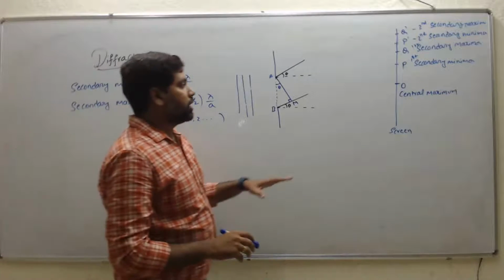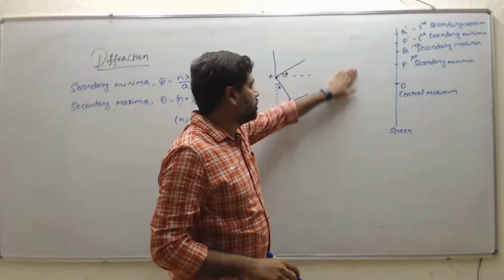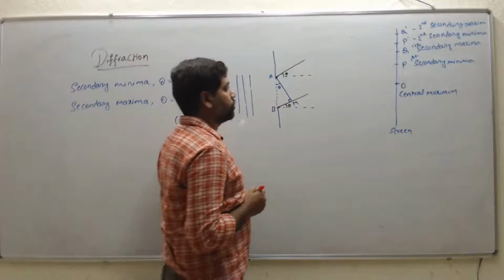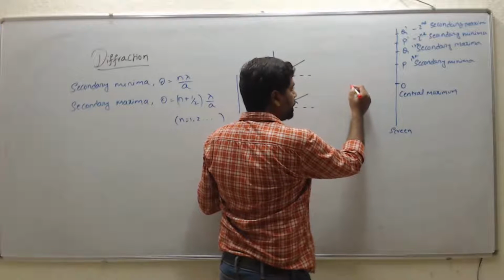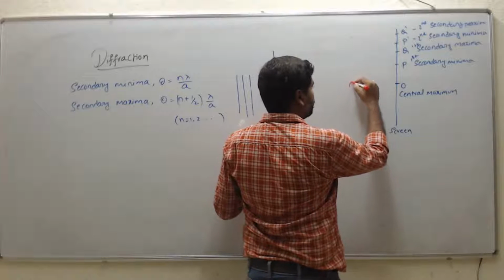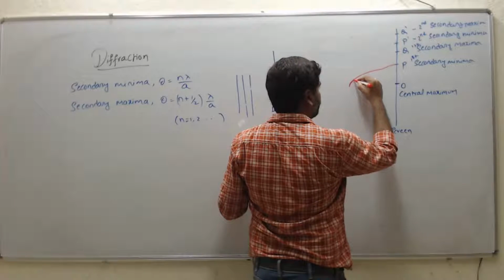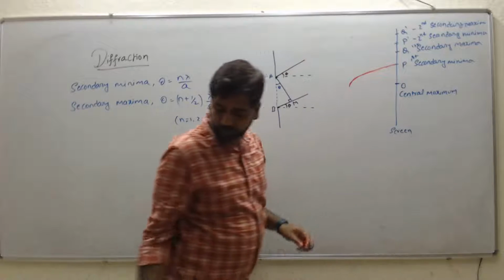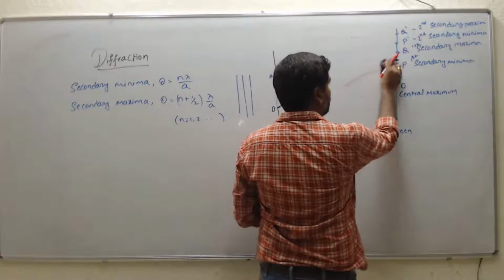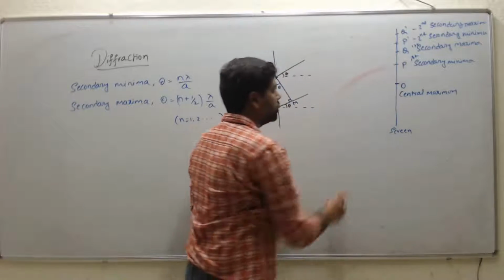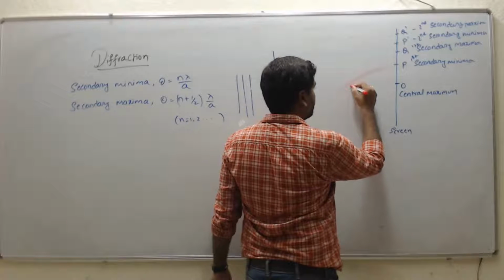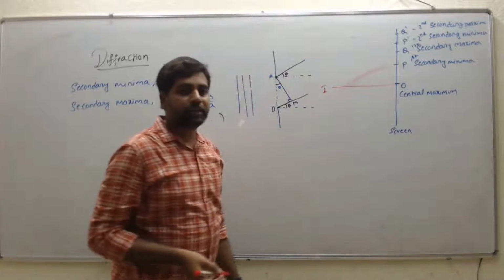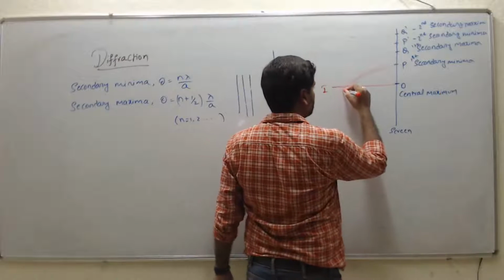So now if we draw the intensity distribution curve for this, here we are getting the maximum intensity. So I will take intensity I.